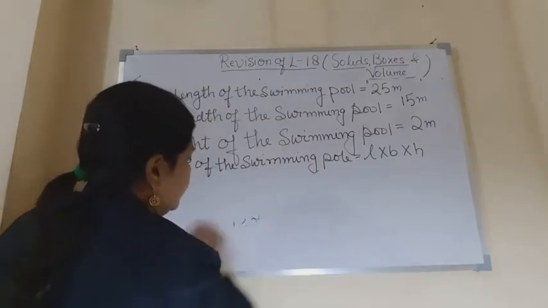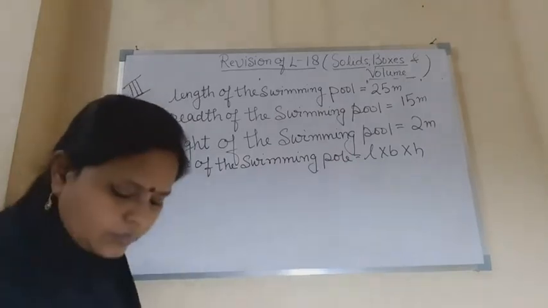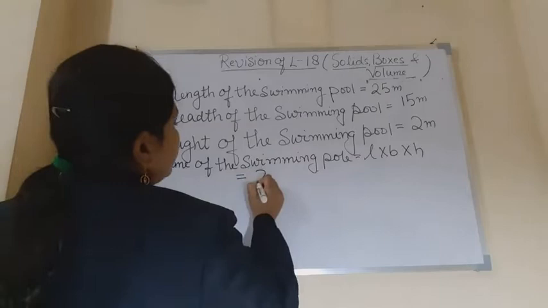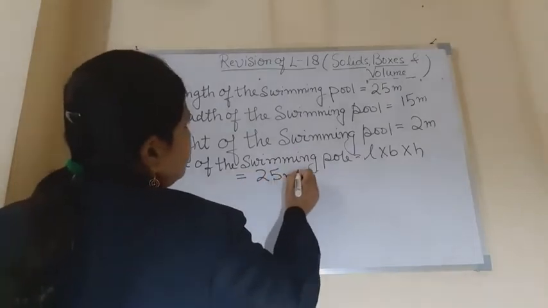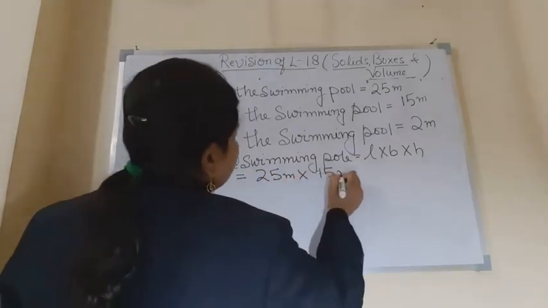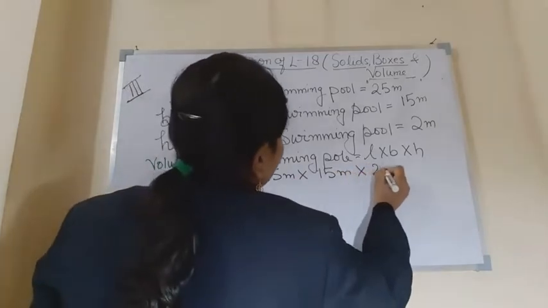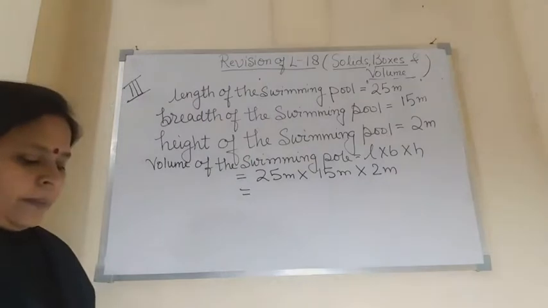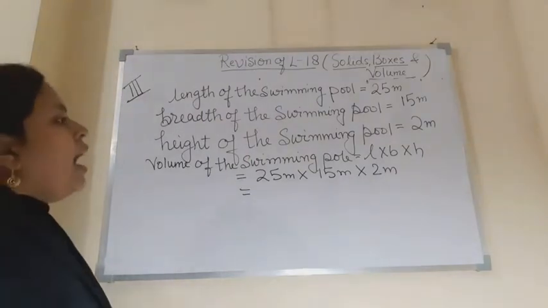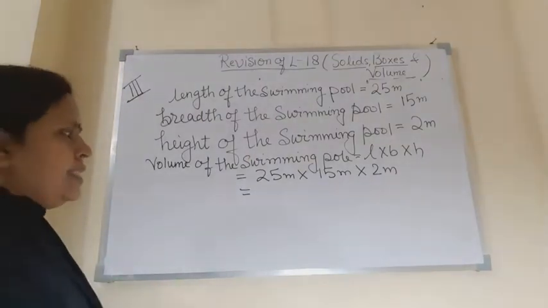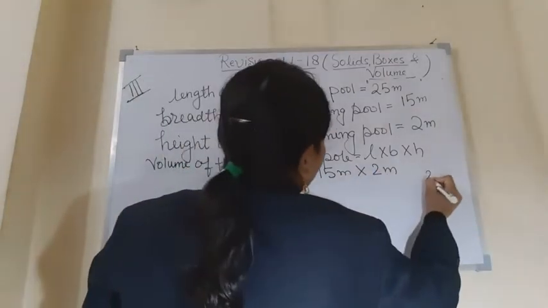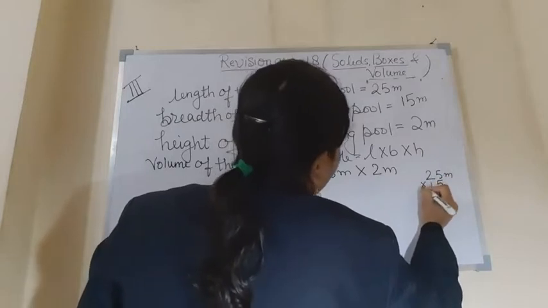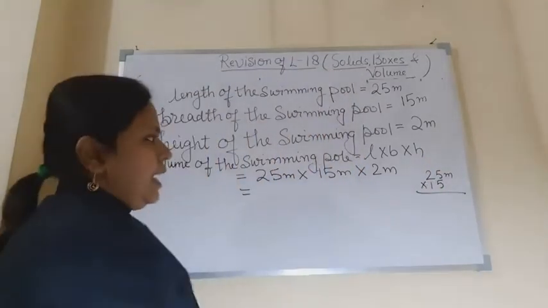So length is 25 meter multiplied by 15 meter multiplied by 2 meter. So when we multiply length, breadth and height, what do we get? Let us first multiply 25 meter by 15 meter.